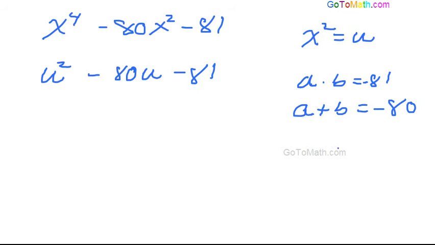So let's take a look at this. First off, 81, right? 1 times 81 is 81. Could we put a 1 and an 81 in here to get 80? And obviously the answer is yes, because 81 minus 1 is 80.